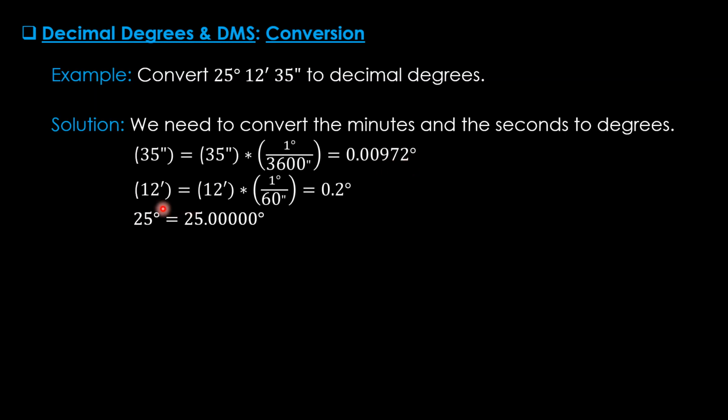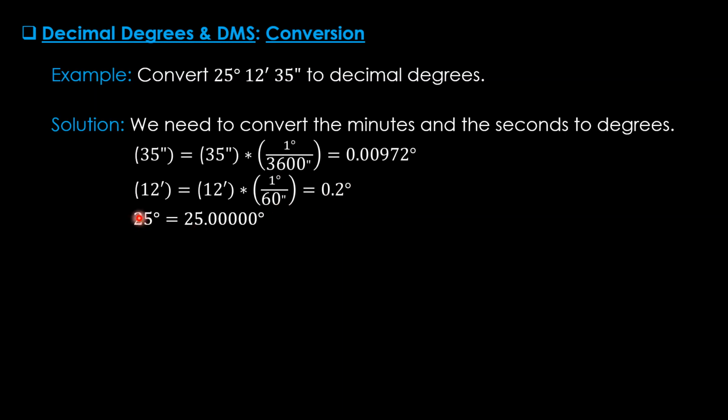0.00972 degree, and for 12 minutes, in order to change 12 minutes to degrees, we multiply that by 1 degree over 60 minutes. Actually, this is a mistake here. This should be 1 degree over 60 minutes. This is a second symbol, a second unit here, but this should be 1 degree over 60 minutes. So it becomes 0.2 degree.